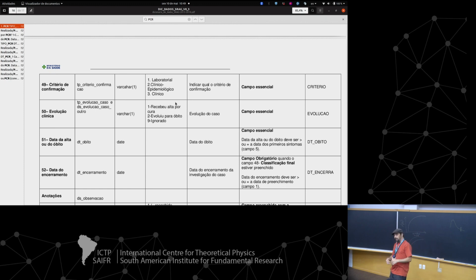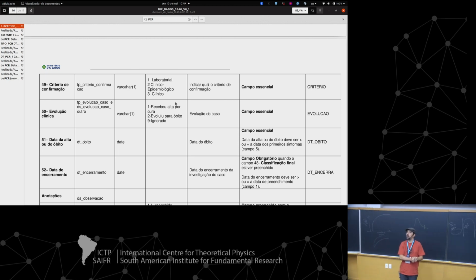Now, a probable case is those that not only meet the definition based on signs and symptoms, but also share an epidemiological link. So for instance, you know that it's associated with a region where you have confirmed cases.